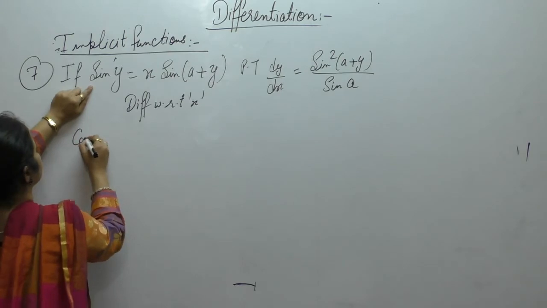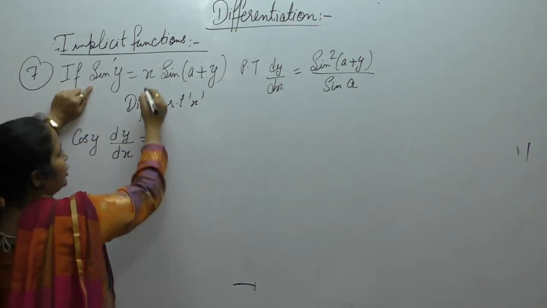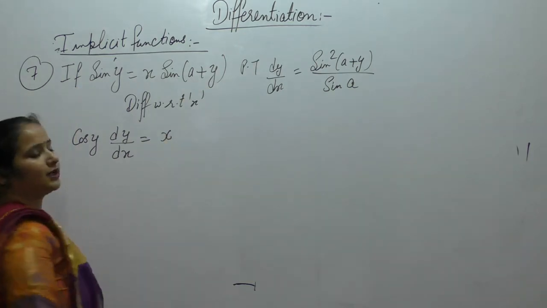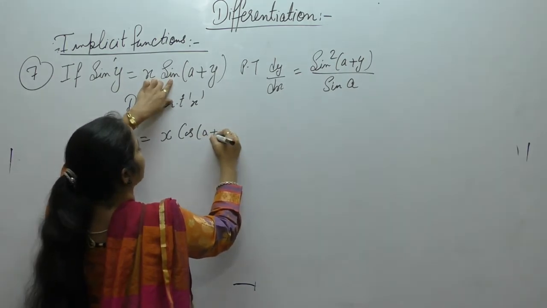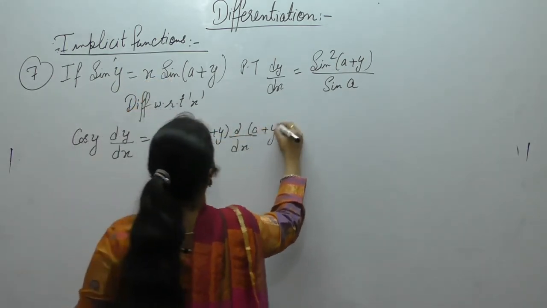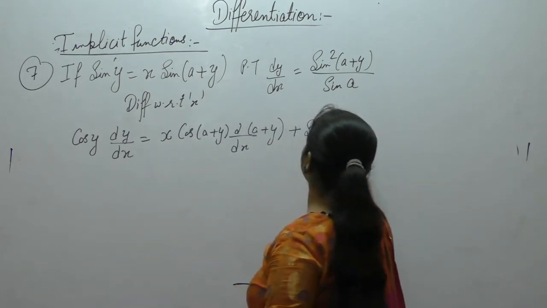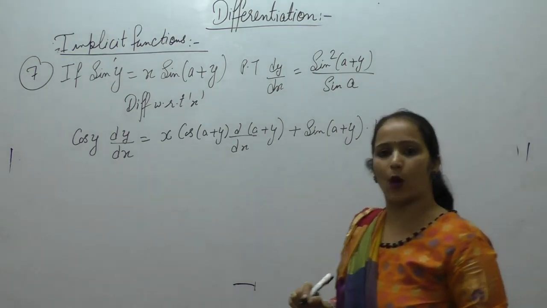Derivative of sin y is cos y into derivative of y. Then u into v rule: first function as it is, derivative of sine is cos (a plus y), then derivative of (a plus y), plus sine of (a plus y) as it is, derivative of x is 1.